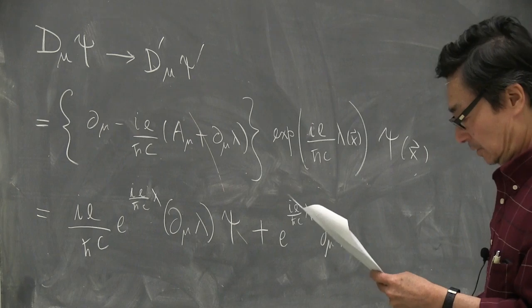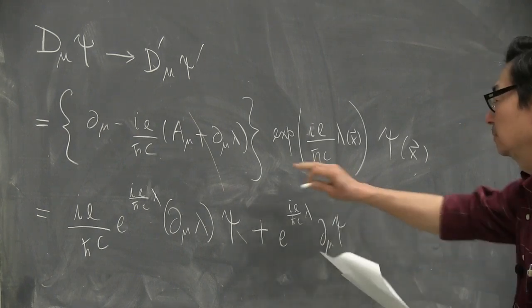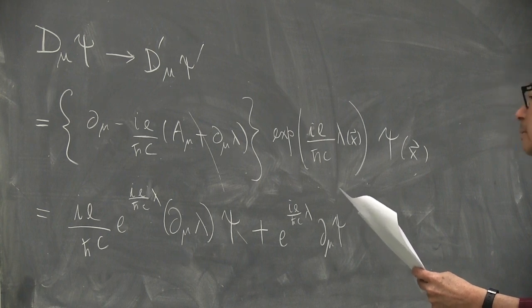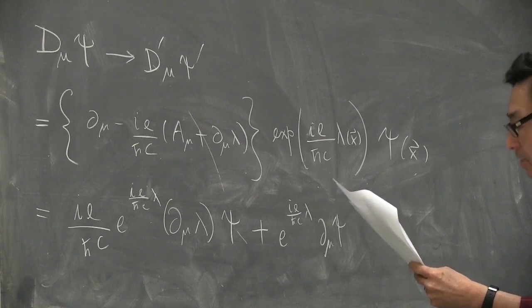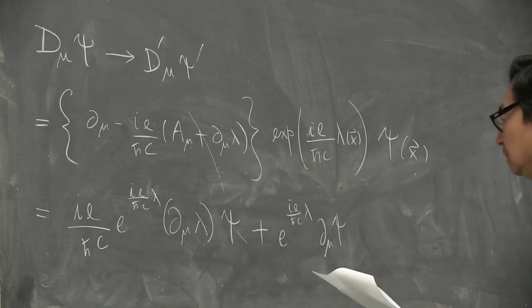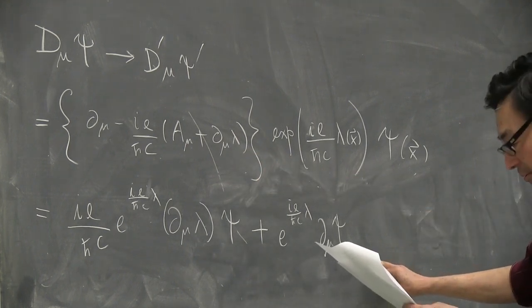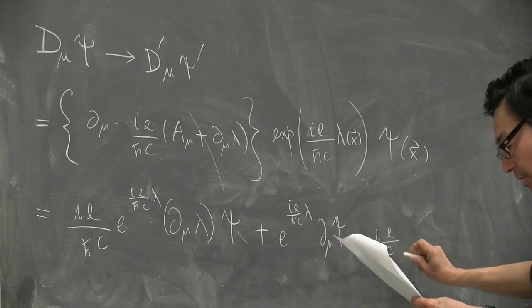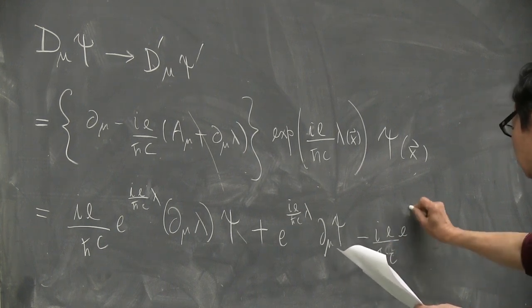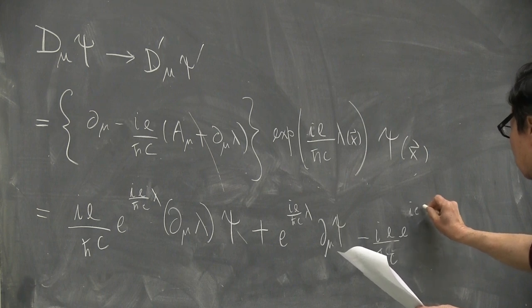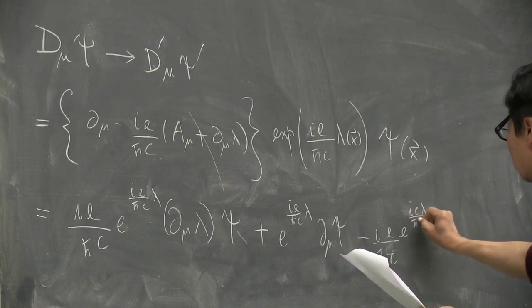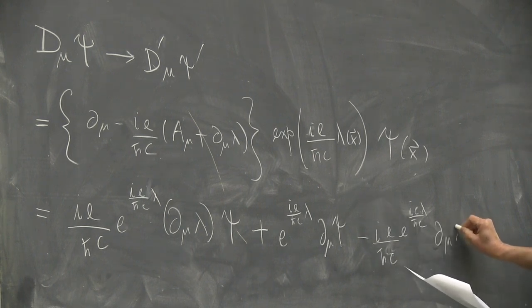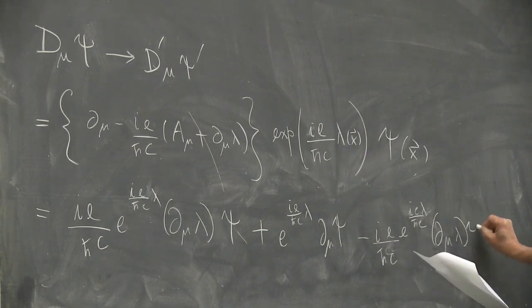And then I have these two other things in here. Let's write the second term first: minus iE over h bar c, e to the iE lambda over h bar c, times gradient of lambda times psi.